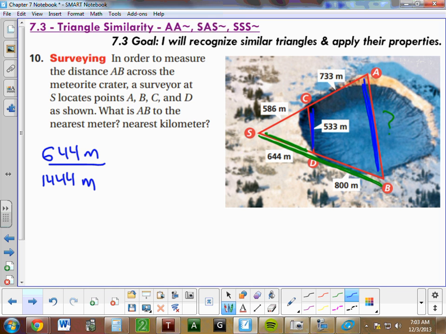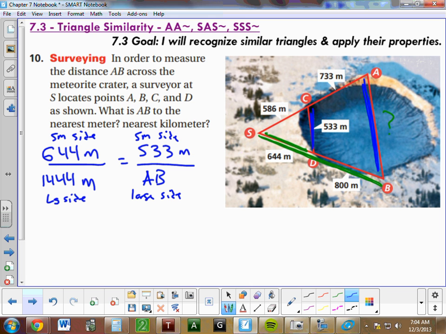Doing that in my head, but that should be right. That should be equal to CD, which is 533 meters, over AB, which is what I want to know. Again, I've got the small side over the large side. I've got another small side over another large side. So that's how I'm showing that this is true.